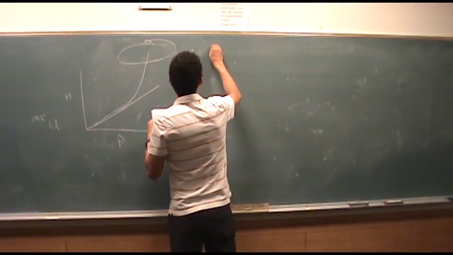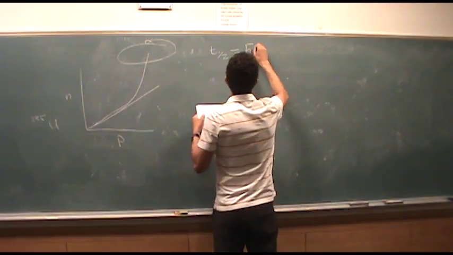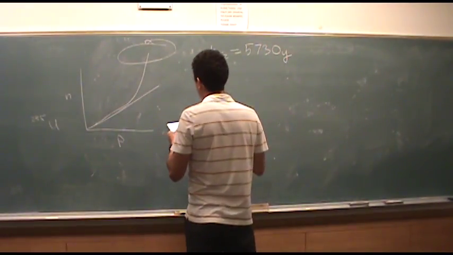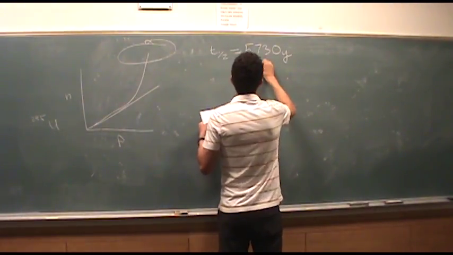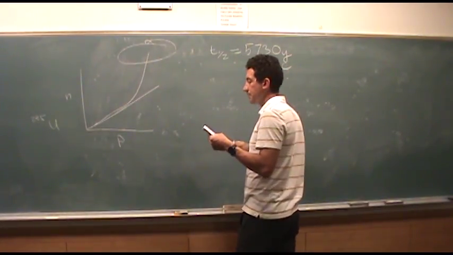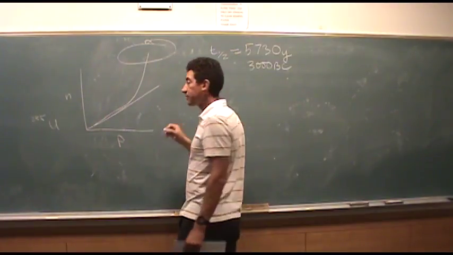Half-life of carbon is 5730 years. We want, the bones are from 3000 BC. So we know it's first order, so let's do the first order.